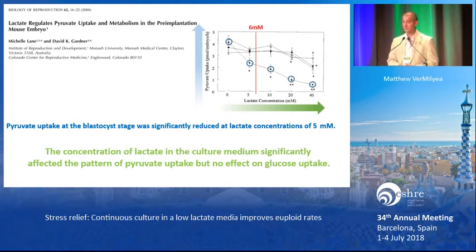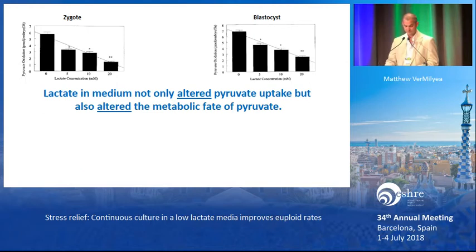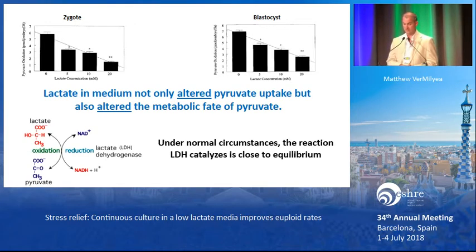Now, most culture media that's available commercially is around 6 millimolar, and that's an important note to keep in mind as we continue with the talk. They further showed that lactate in the media not only altered pyruvate uptake, but it also altered the metabolic fate of pyruvate.